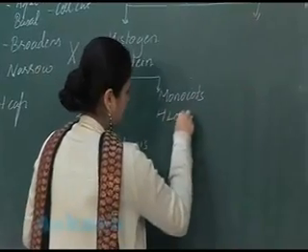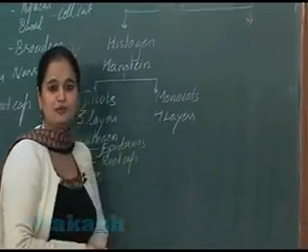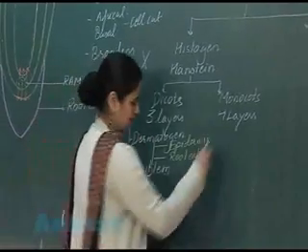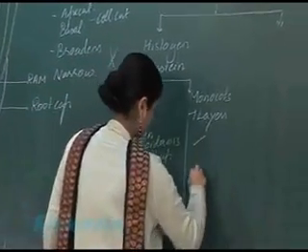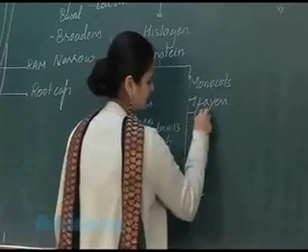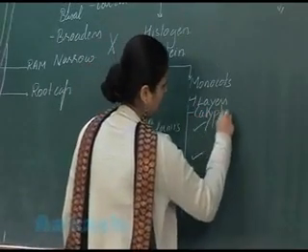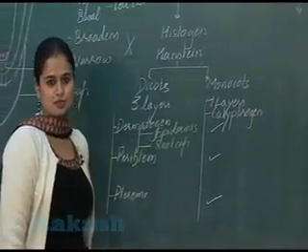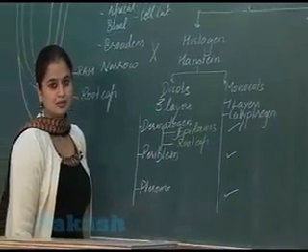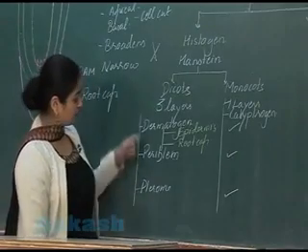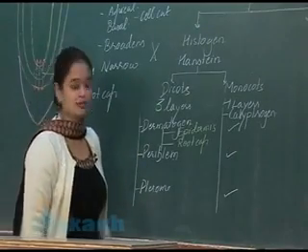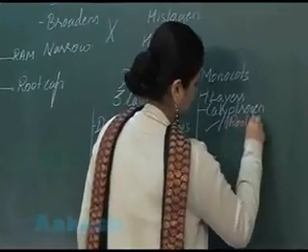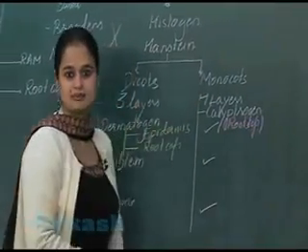Now let's see what is going to be there in monocots. In the monocots, instead of the three, now there is presence of the 4 layers. These 3 layers are present, these three are present. Along with this, one more layer will be distinguished on the outer side, that is calyptrogen. On the outer side of the dermatogen, there is formation of calyptrogen, and this will be forming root cap.